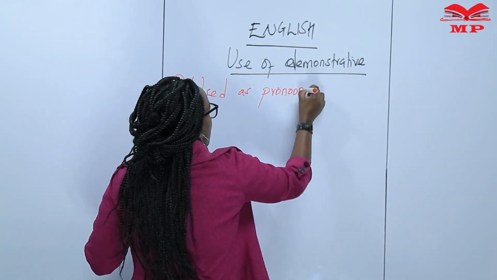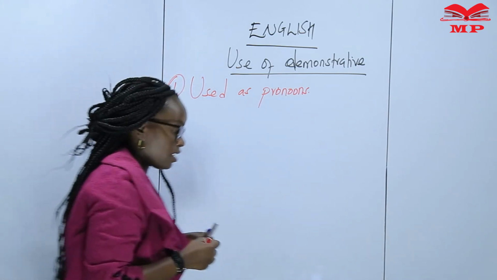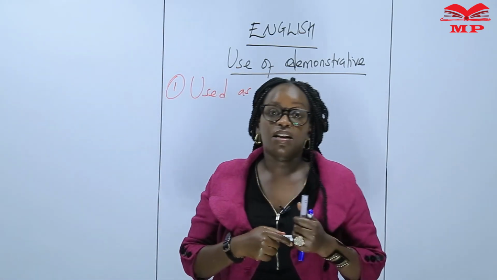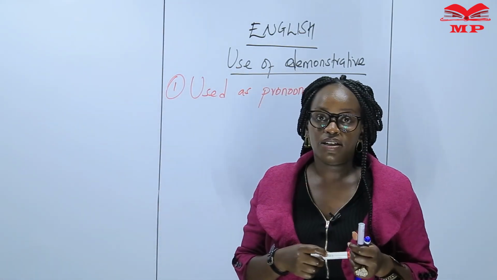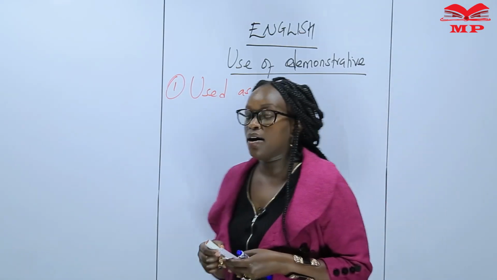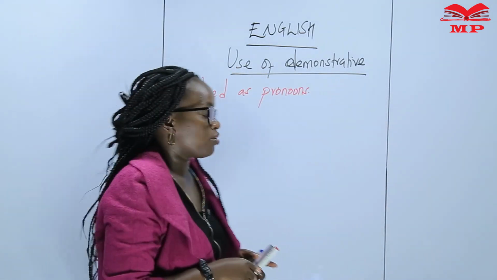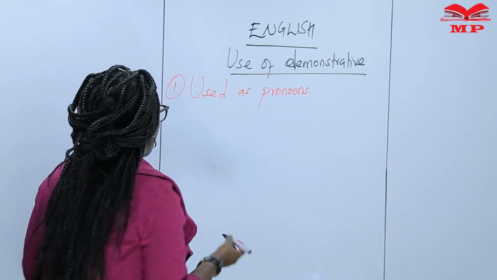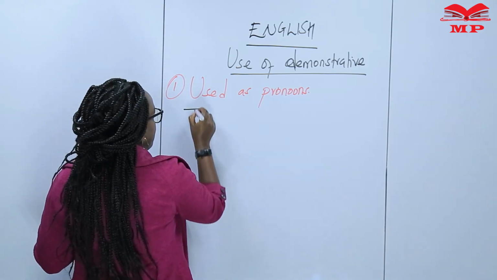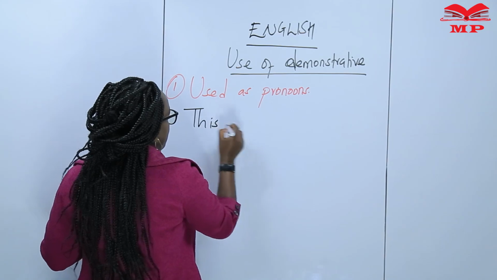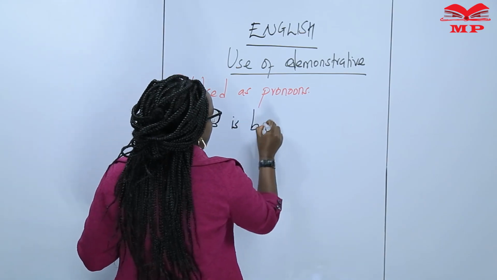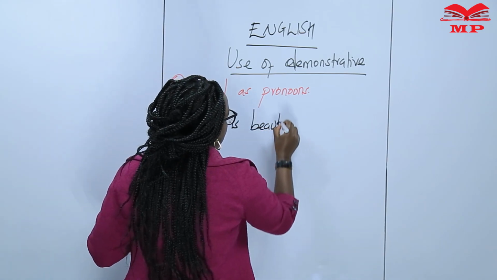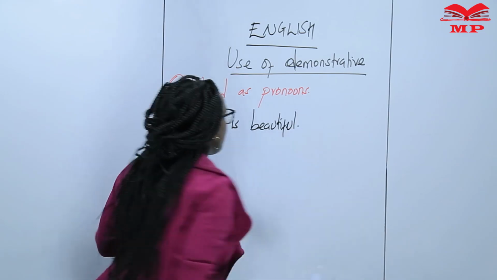When demonstratives are used as pronouns, it means that the noun that they are replacing is not part of the sentence. For example, if I were to have a sentence that goes like, this is beautiful.